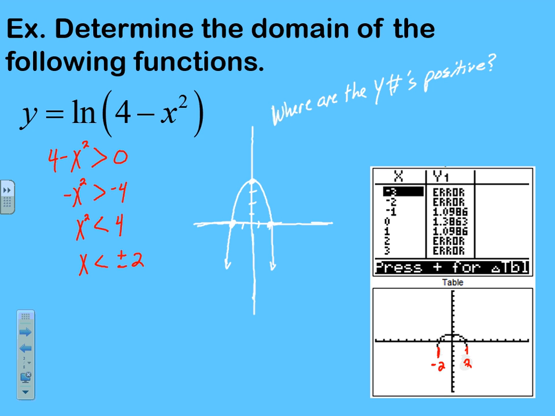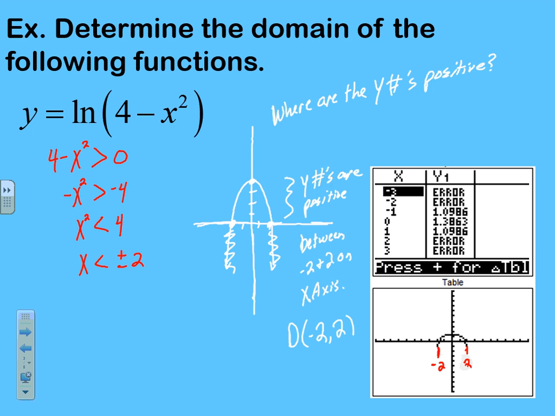Well, the y numbers are positive between -2 and +2 on the x-axis. So because the y values of the quadratic are only positive between -2 and +2, that essentially is letting me know that the domain of my logarithm is going to be between -2 and +2.